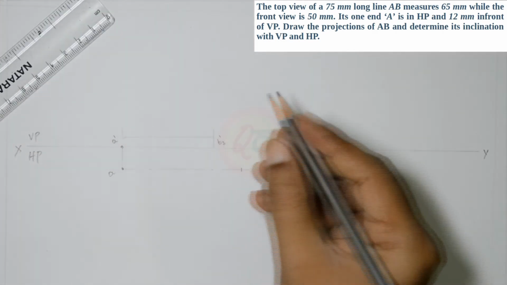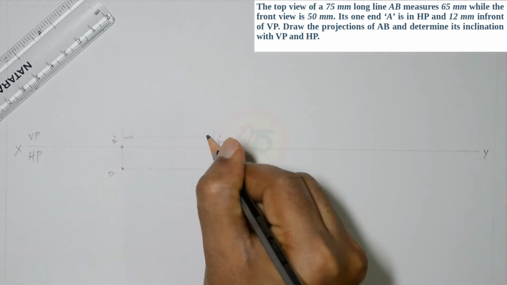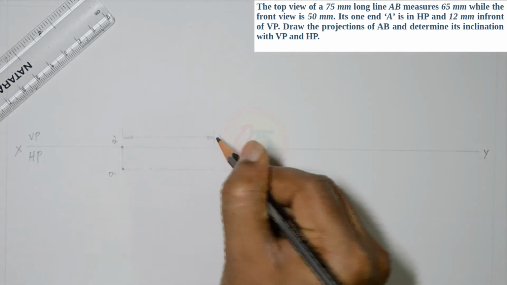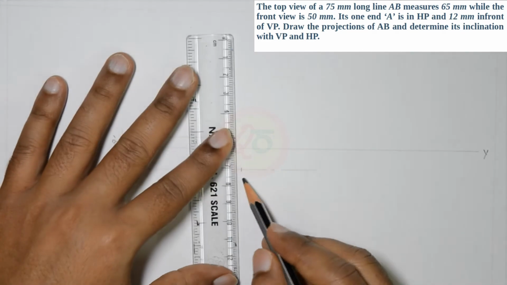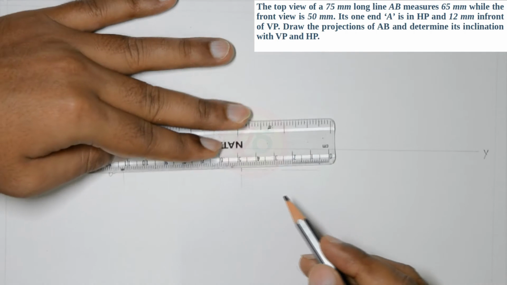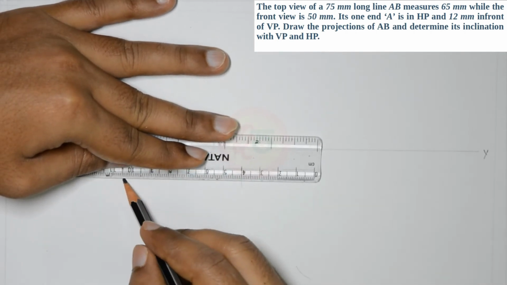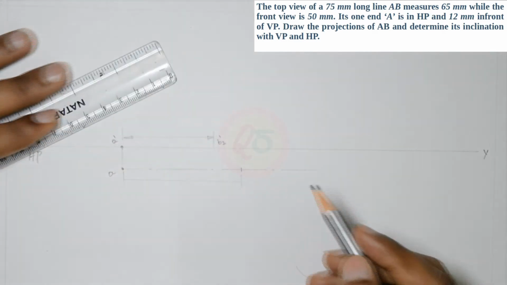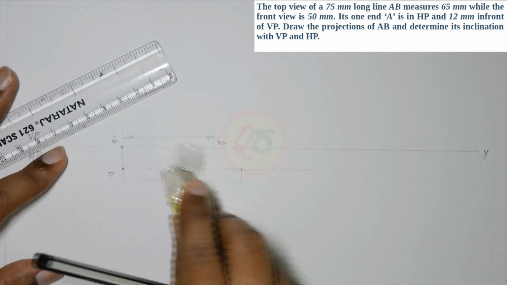So, this is 50. I'll draw the arrow mark, or I'll name it later. This is 65. I'll try to keep it parallel to the line.